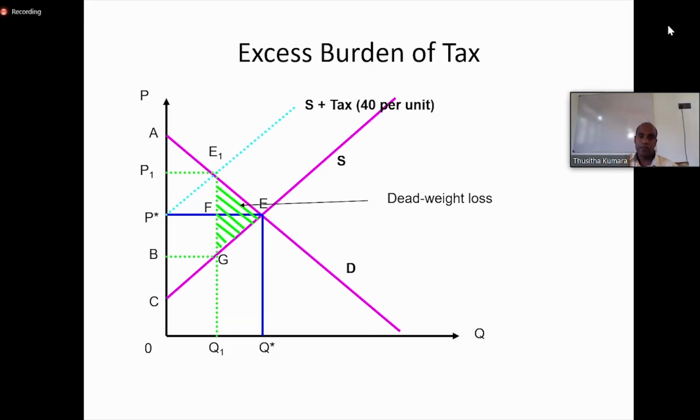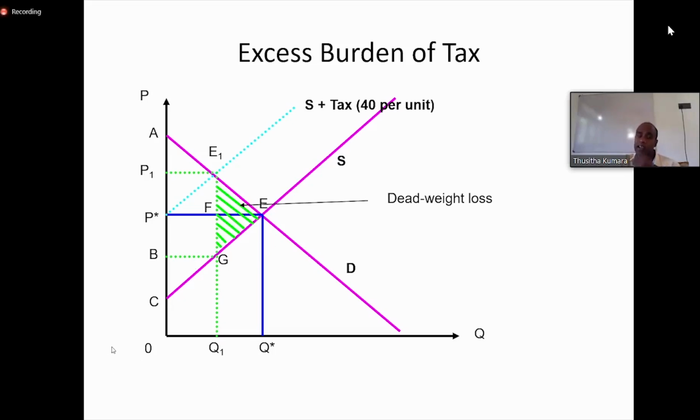F E G. F E G is not it. Before tax, it was P star E C. The area of P star E C is the producer surplus. That is the additional gain, the difference between the actual cost and what we actually get from the market. The supply curve means that is the actual cost.